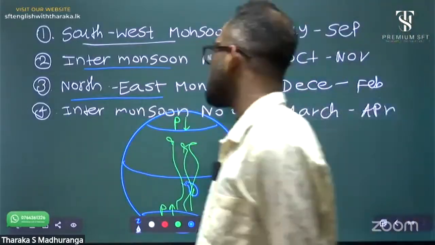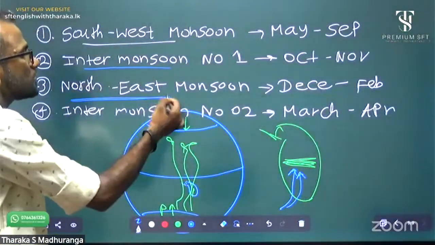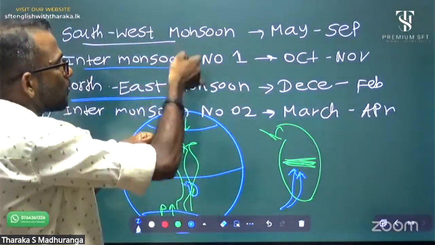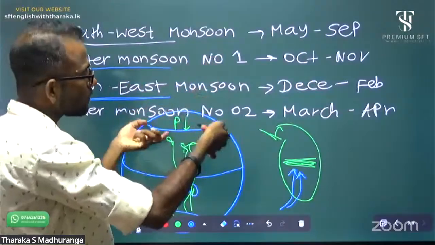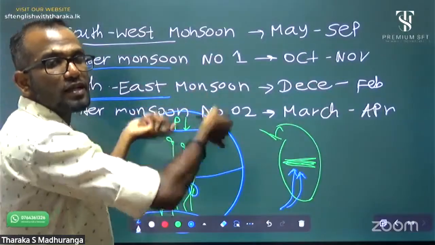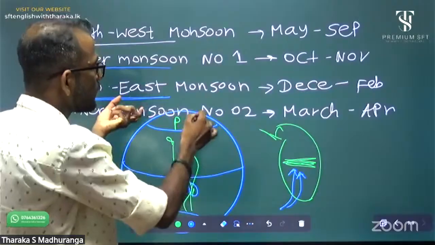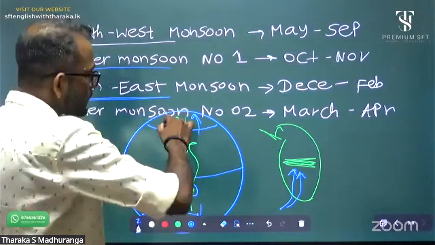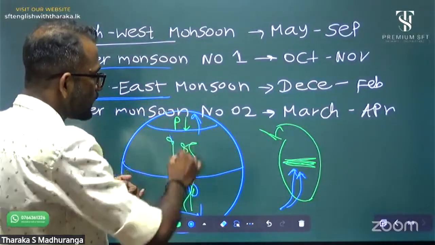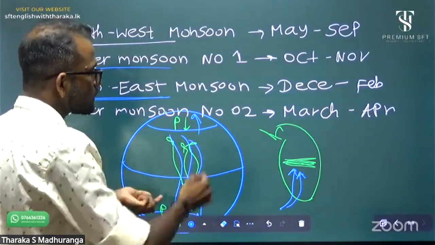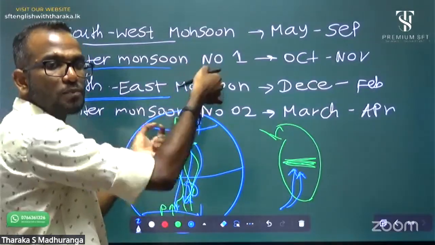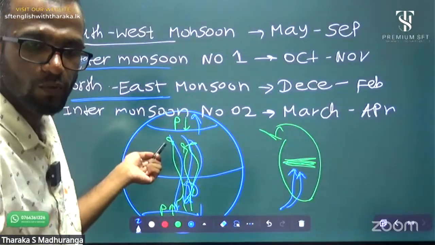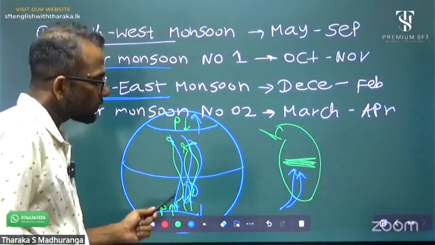I got it. Then what happens in the northeast monsoon? After this low-pressure period, the North Pole pressure becomes greater, and due to the pressure change, the wind direction changes. Winds come from the North Pole to the South Pole.